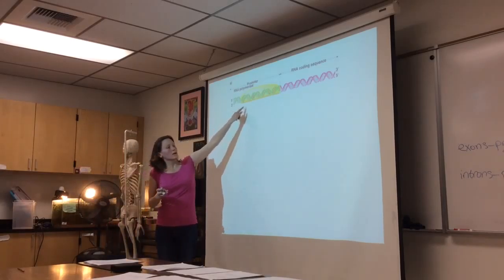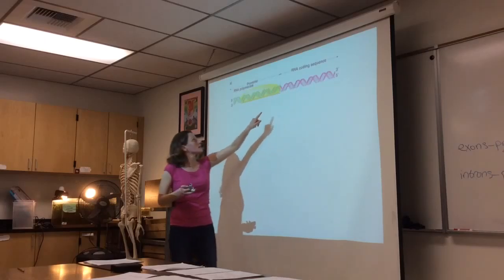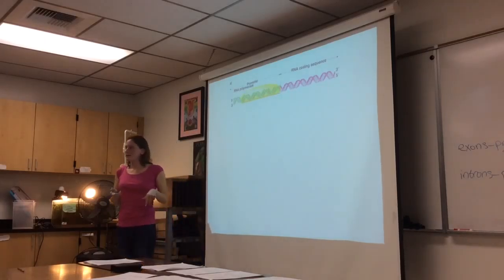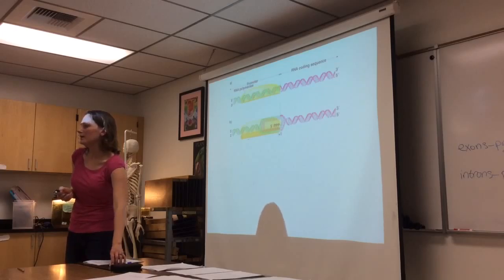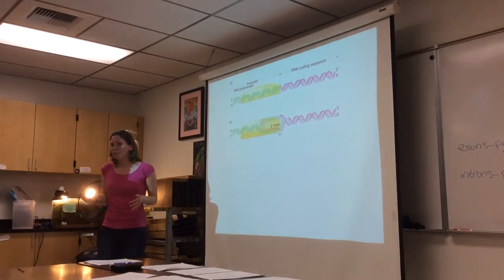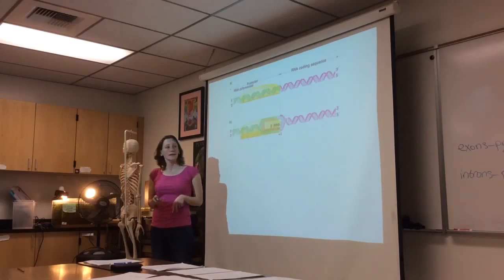Here we have our regulatory region and then our protein coding sequence. RNA polymerase has been recruited to the start. And then the DNA sequence actually opens up. So the hydrogen bonds holding the bases of DNA together break, allowing the RNA polymerase to get in there and read the bases.